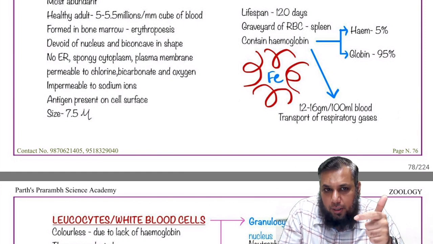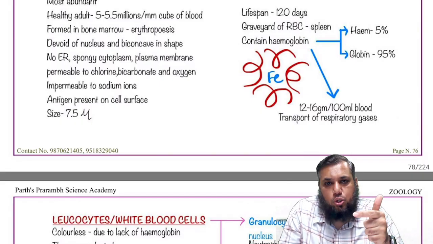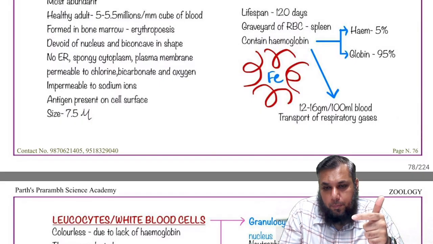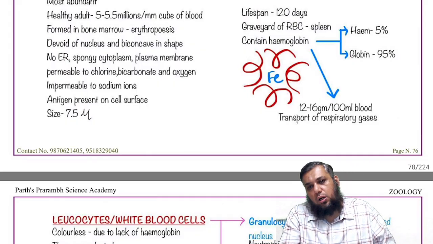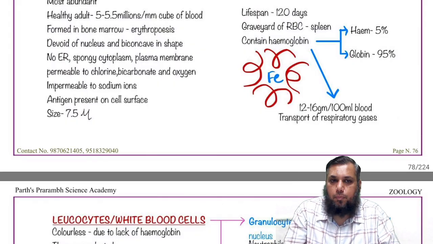A mature red blood cell is enucleated, without any nucleus, so that it shows the presence of more hemoglobin. One red blood cell can have 260 million molecules of hemoglobin. There is no endoplasmic reticulum. There is a lack of Golgi bodies. So the space that is left by the nucleus and all these organelles is occupied by hemoglobin.